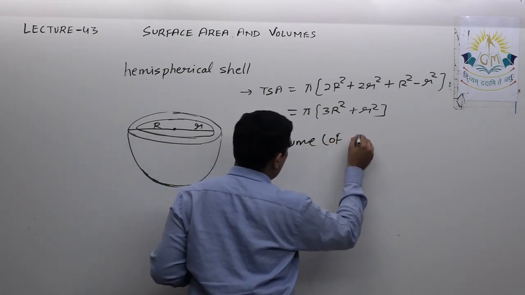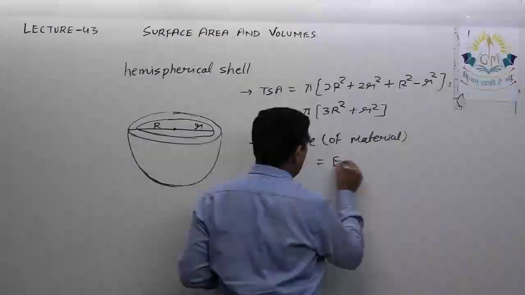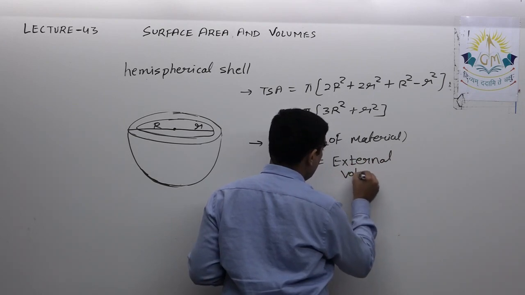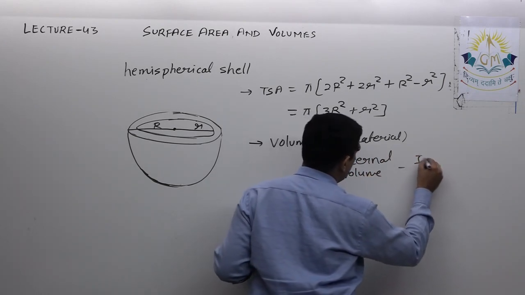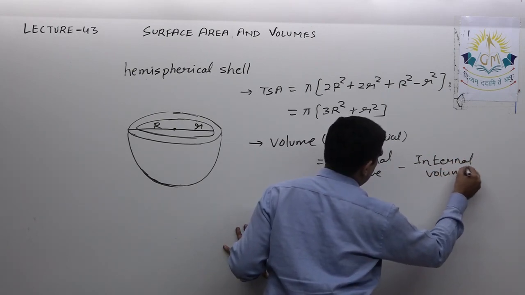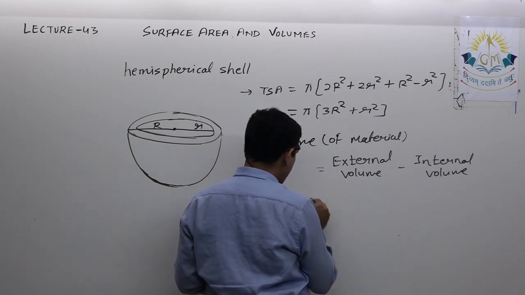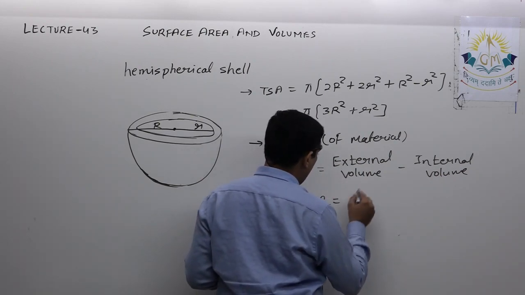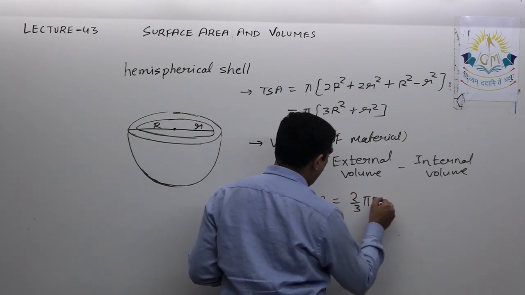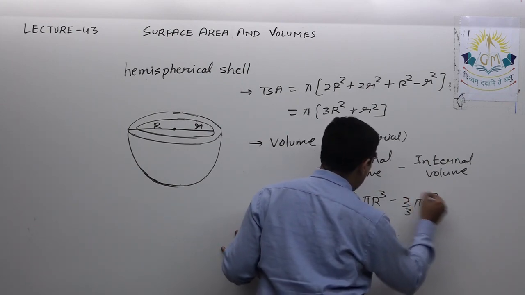So here I am writing volume of material: external volume minus internal volume. So volume is equal to external volume, 2 by 3 pi capital R cube, minus 2 by 3 pi small r cube.